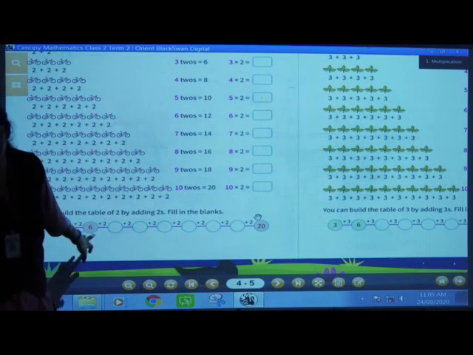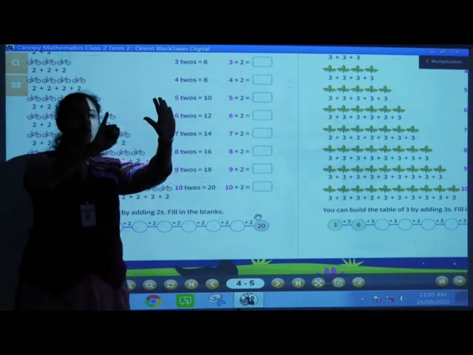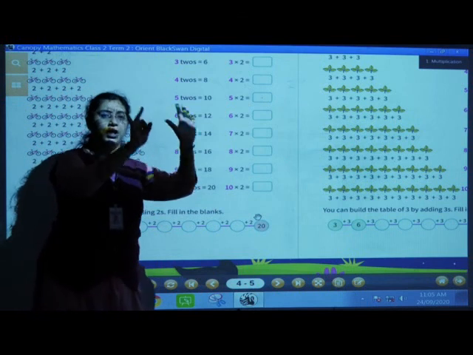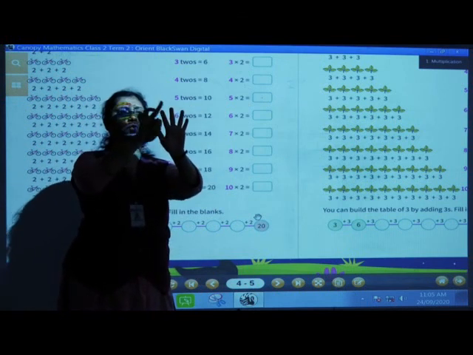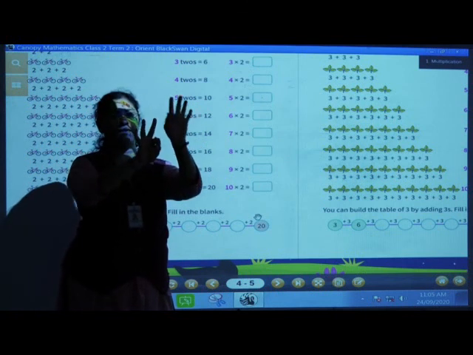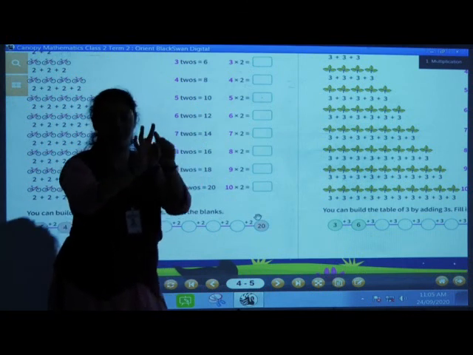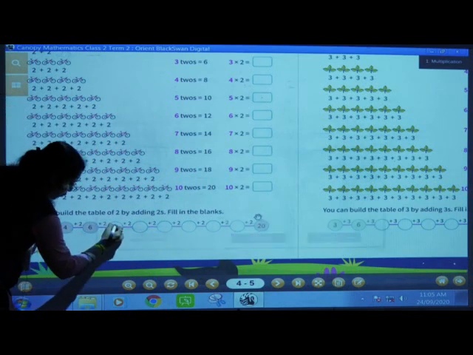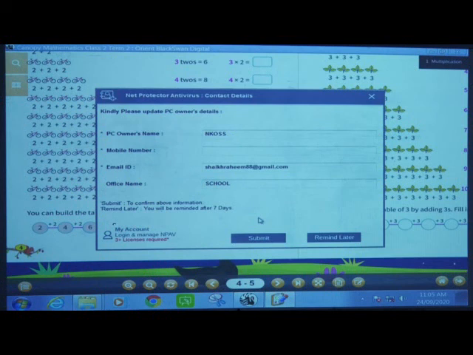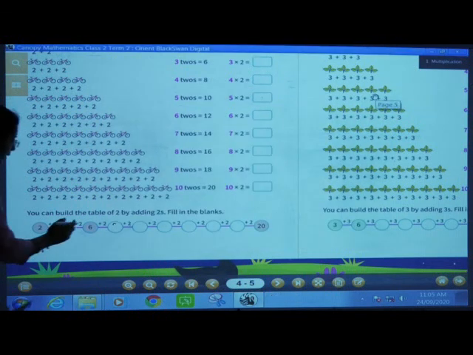What will we get? 6 plus 2. How much? 1, 2, 3, 4, 5, 6, 7, 8. Means 6 plus 2 is 8.